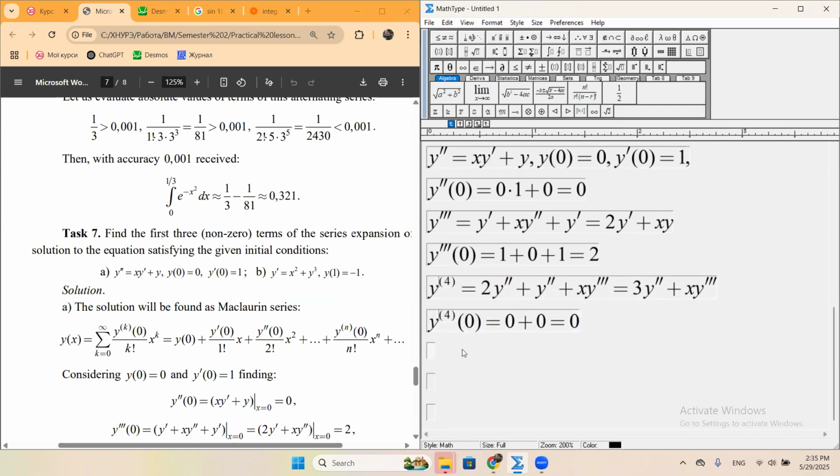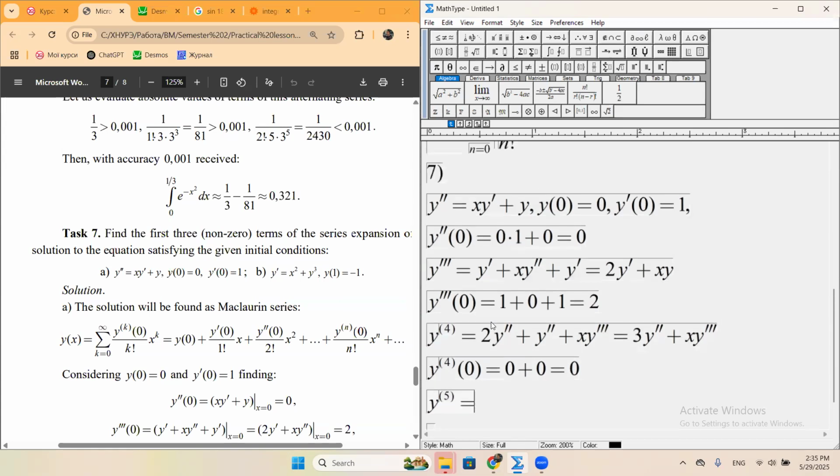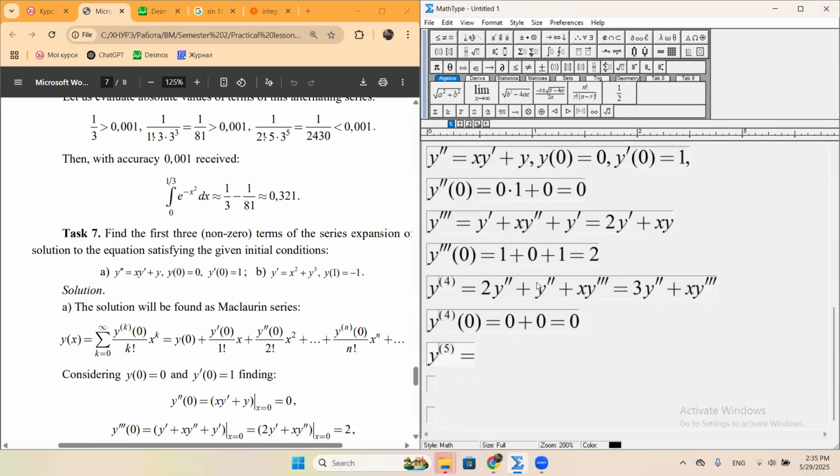And now let's calculate the fifth derivative. We actually see the rule that odd derivatives are non-zero, but even derivatives are 0.